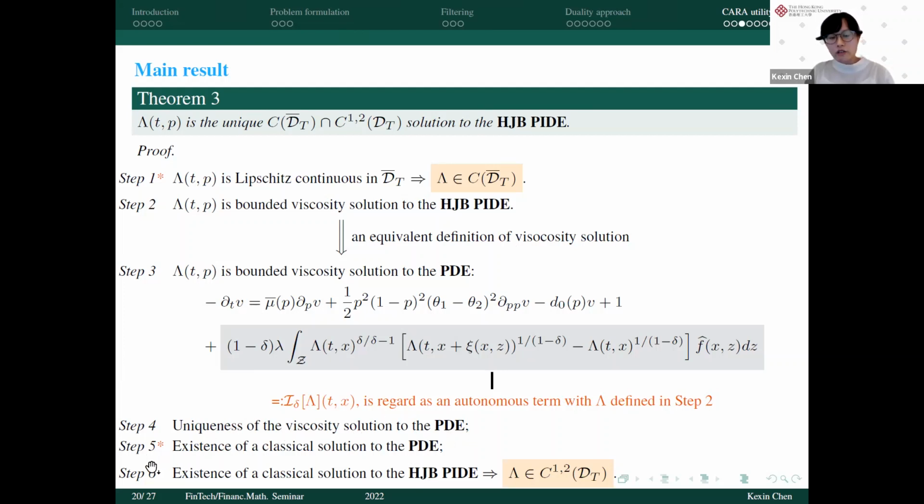And in addition, in step 5, we demonstrate the existence of a classical solution to the PDE. So combining step 4 and step 5, we've just verified that the lambda itself is a classical solution to the PDE. So combined with step 2, we just show that the lambda is C^{1,2} in its interior. So this is the outline of the proof.